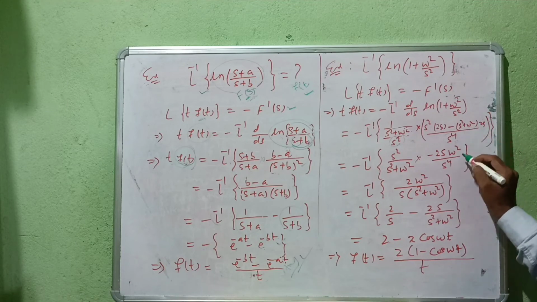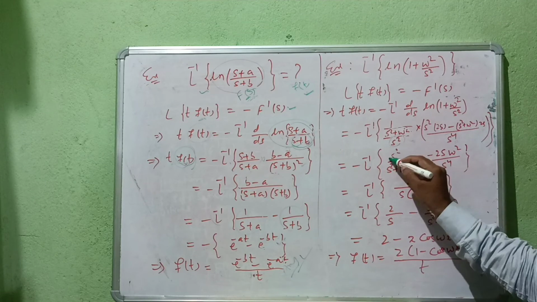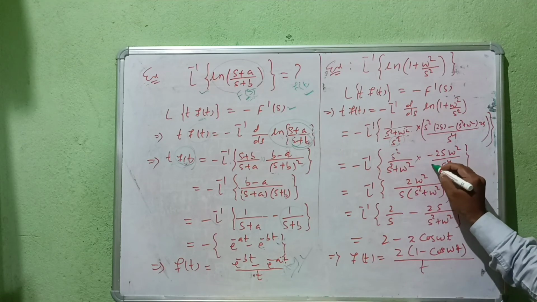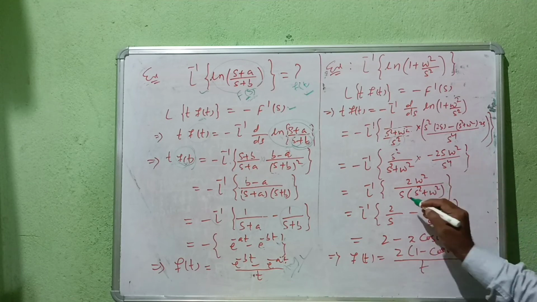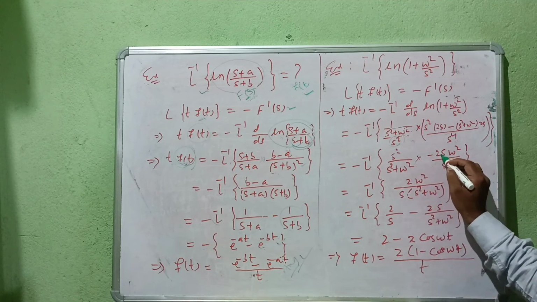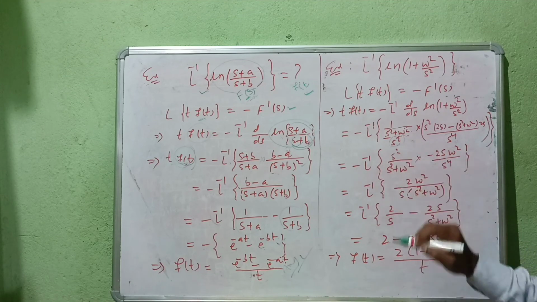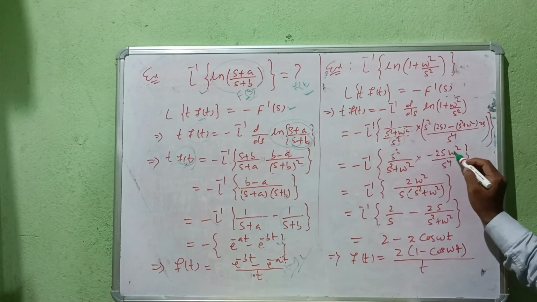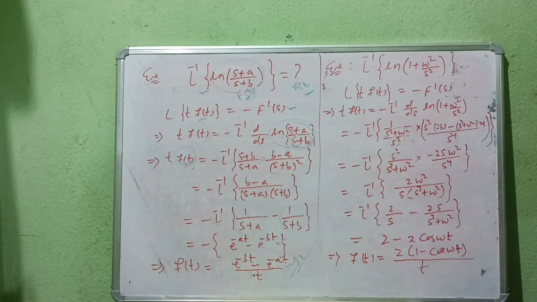You can cancel s square against s fourth, so only s square remains in the denominator, and s cancels again. So the remaining part is, with minus and minus making plus, 2 omega square divided by s into (s square plus omega square).